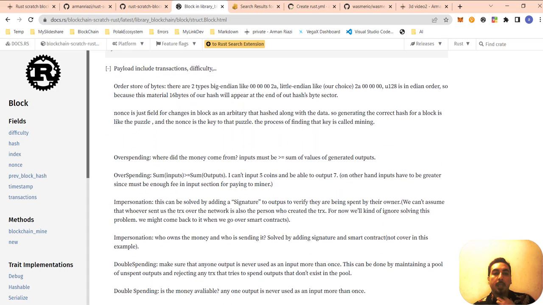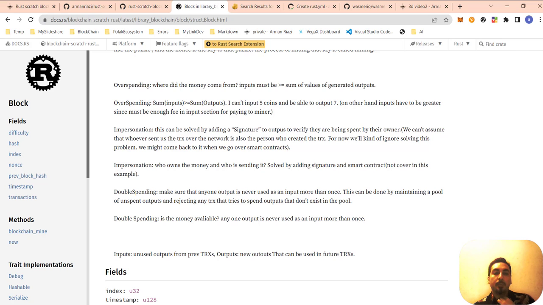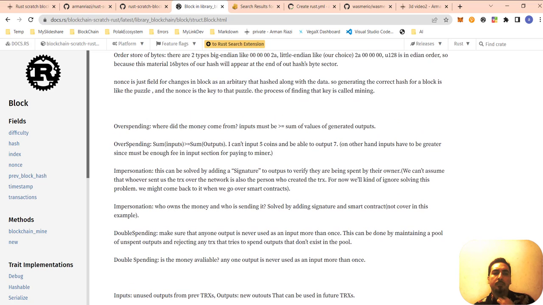And as you can see, I explained three important concepts in the POW algorithm.